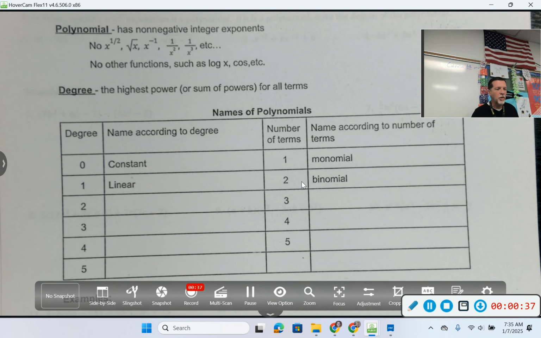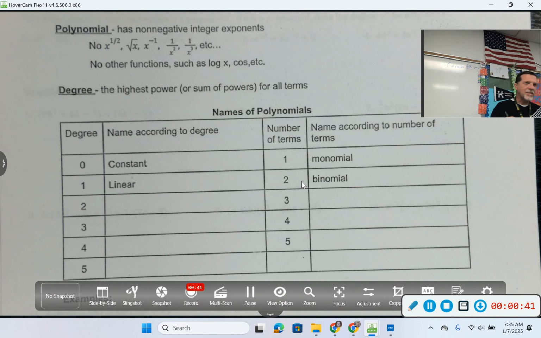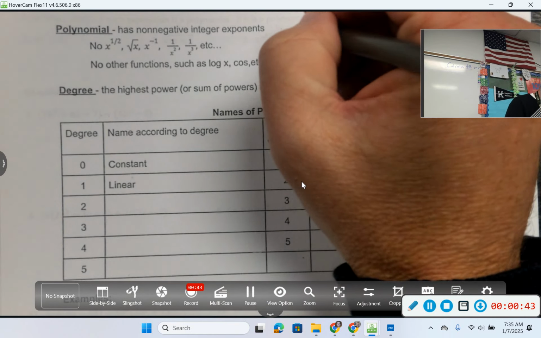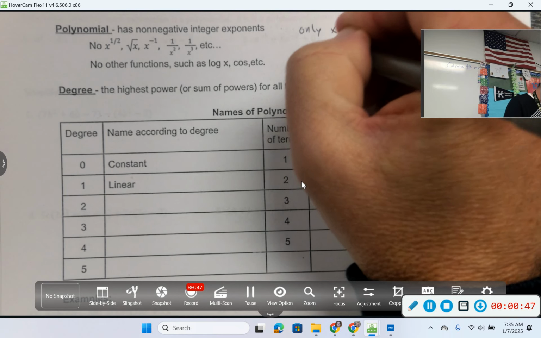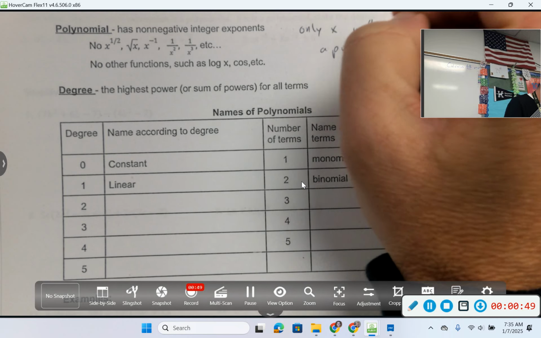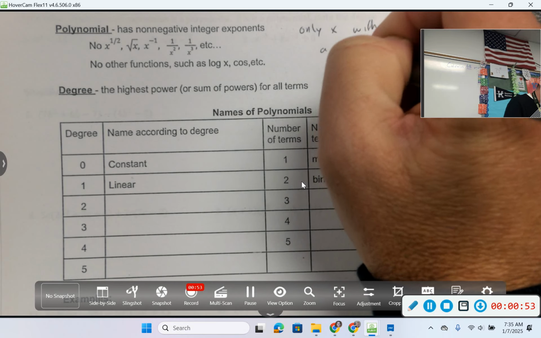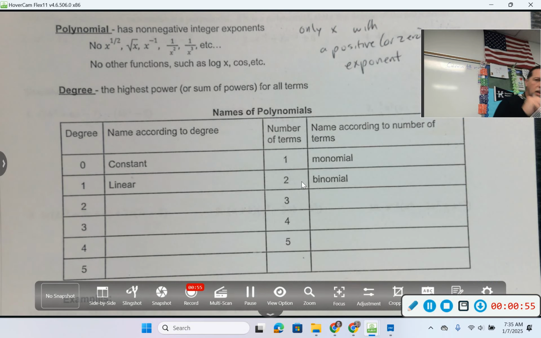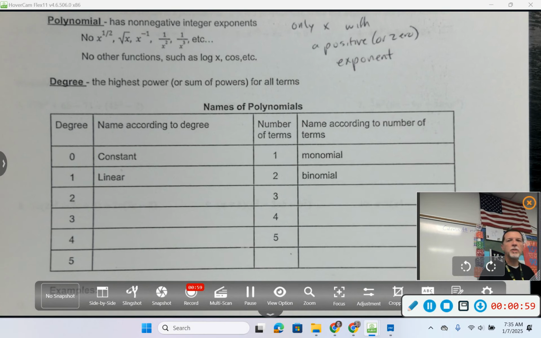And definitely no other crazy things like logs or sines or cosines. Only x's, only x with a positive or 0 exponent. That's what makes polynomials.